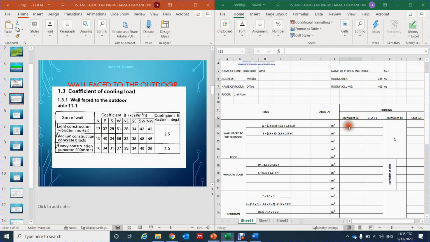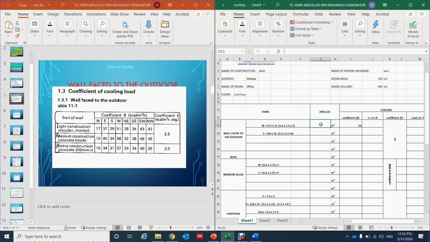So now put the value here, 56, and then the area here is 7.5 times 3, which is 22.5. Please have a calculator with you, guys. Then we have to subtract 1.6 because of the window.